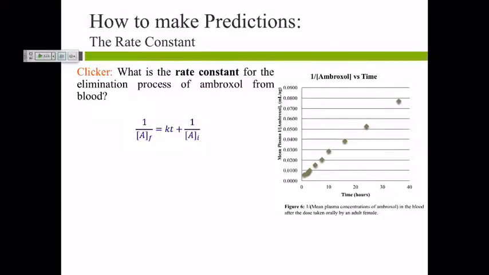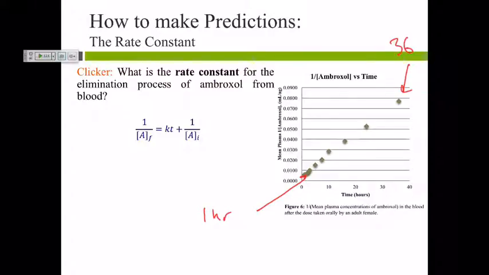Okay, so let's take a look at this graph. Our data points, so if you notice on this graph, I actually didn't even include the 0.5 and 0 time points because 1 over those numbers was really useless. So this data point is the time at 1 hour, and this one out here is at 36 hours.